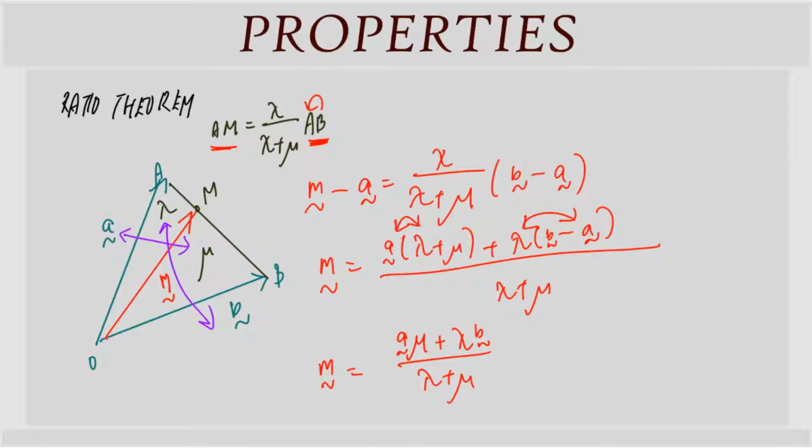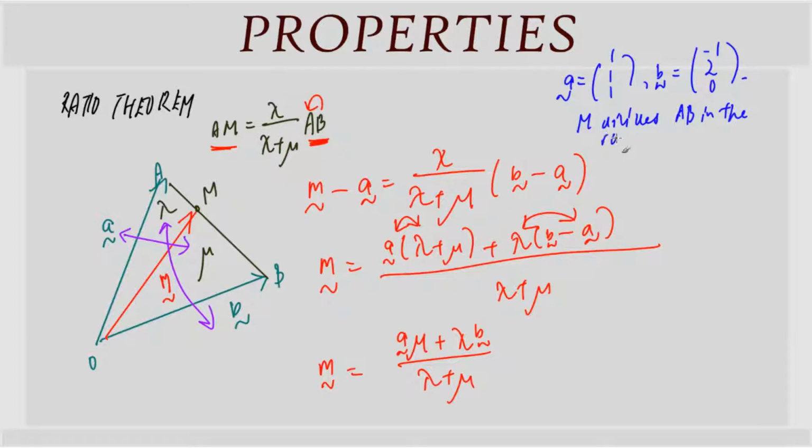So now let's give some values. Let's say we have a is equal to (1, 1, 1), something easy to work with. B is equal to maybe (-1, 2, 0), and m divides AB in the ratio 1:2. Find the position vector of m.